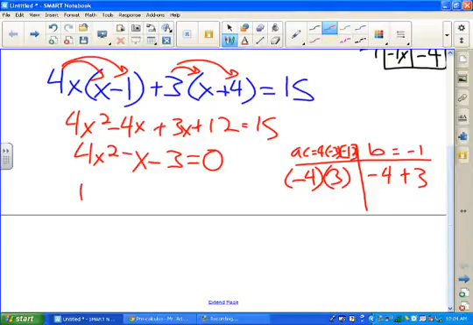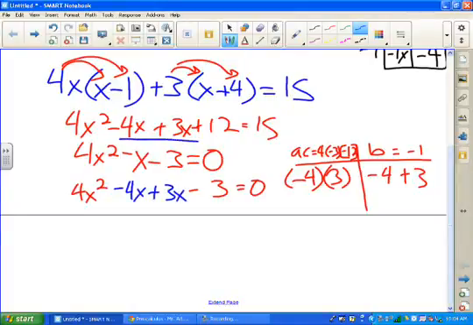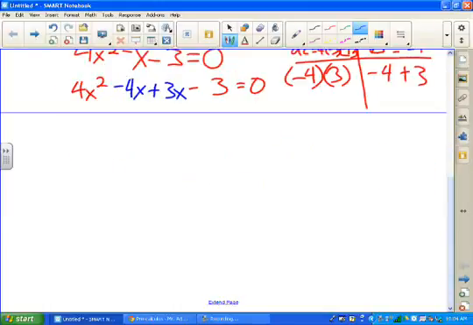So A times C is 4 times negative 3, which gives me negative 12. But I need to rearrange those numbers in a way that when I add them, they equal negative 1. Negative 4 times 3 also equals negative 12, and negative 4 plus 3 equals negative 1.